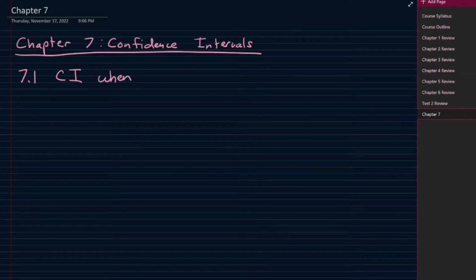Confidence intervals for the mean when sigma is known. 7.2, we'll talk about the same thing, but for when sigma is unknown.